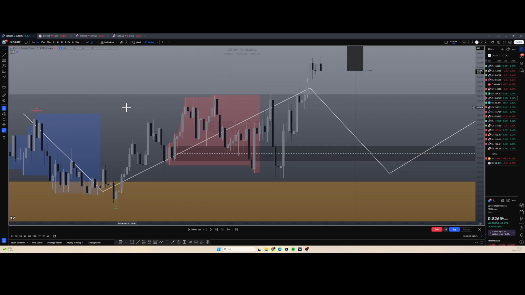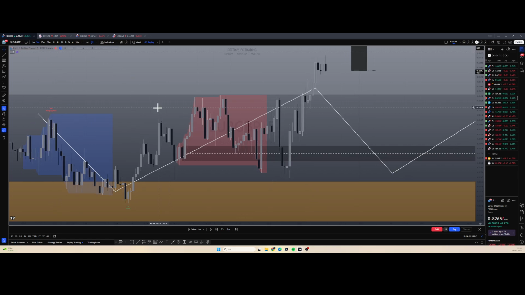some shorts. So I did take some shorts here once price broke below here, and even though I know that we never closed below this low, I still thought that this was a valid setup based on the fact that we took out this swing high and had this massive push down, and I wanted to see a retrace up to a premium before pushing down, because we are also on the higher time frame bearish, right?